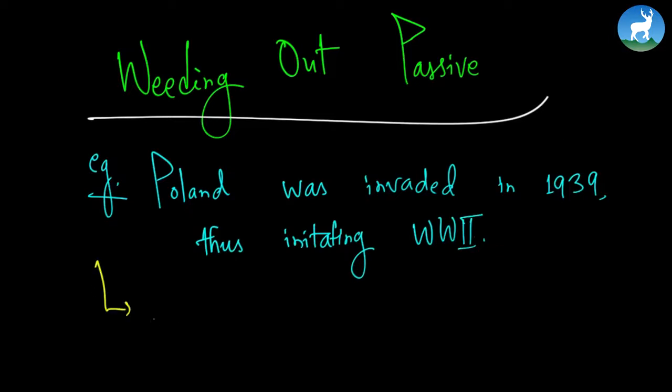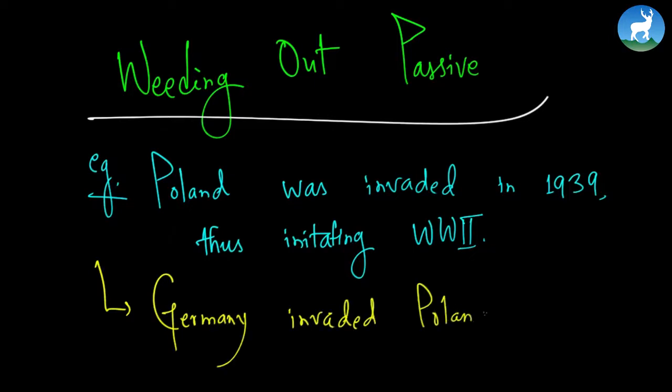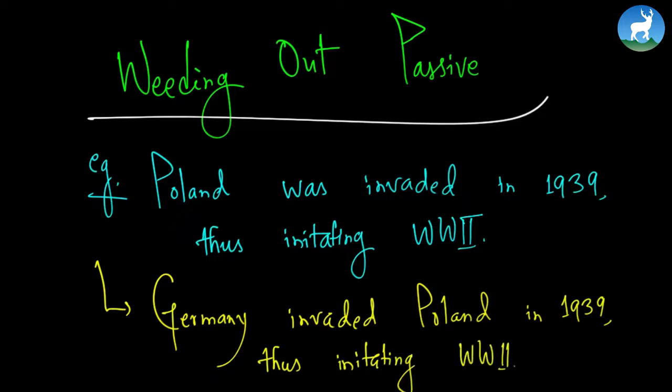You need to write something like, "Germany invaded Poland in 1939, thus initiating World War II." You see, turning each passive sentence, you will find one active sentence. So the active sentence is always shorter. Look at the passive sentence and look at the active sentence.